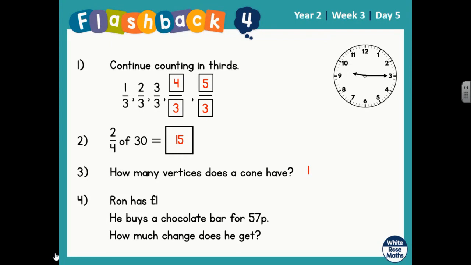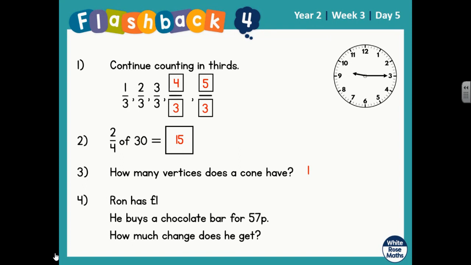Number 4, Ron has £1. He buys a chocolate bar for 57 pence. How much change does he get? What's our calculation here? We start off with £1 and then we spend 57 pence. I think we know that £1 is equal to 100 pennies. So we can do 100 pennies, subtract 57 pence.